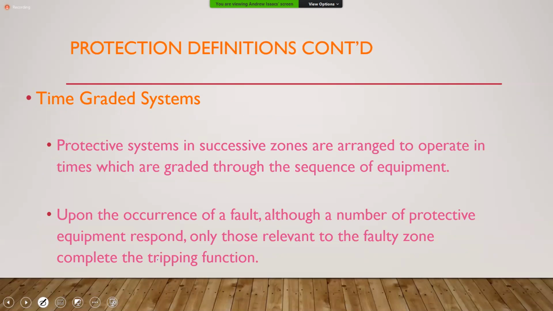So coming back to this, it says once a fault occurs, although a number of them will respond, only those relevant to the faulty zone complete the tripping function. So as I said earlier, the breaker associated with the generator would be the one that should trip. That's the relevant breaker.